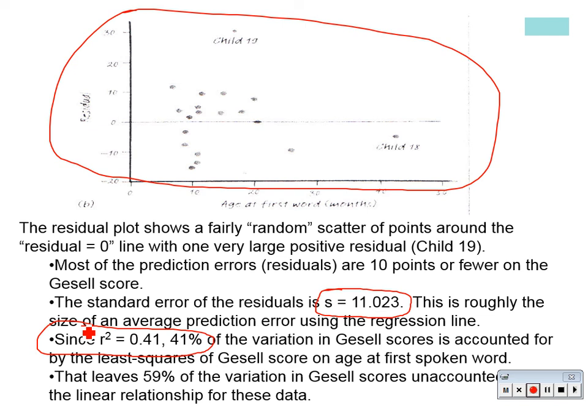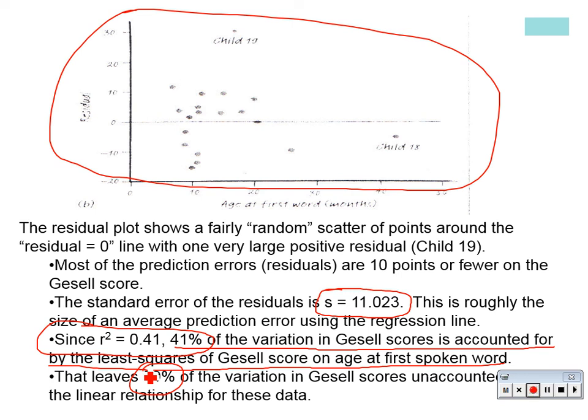So in terms of interpreting that value, 41% of the variation in the scores is accounted for by the least squares regression line. That leaves 59% of the variation in Gesell scores unaccounted for in the linear relationship for these data.